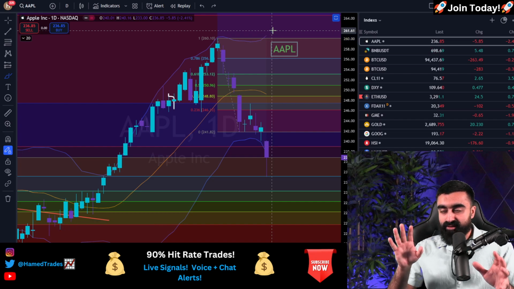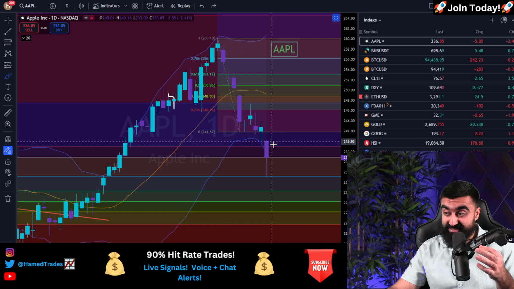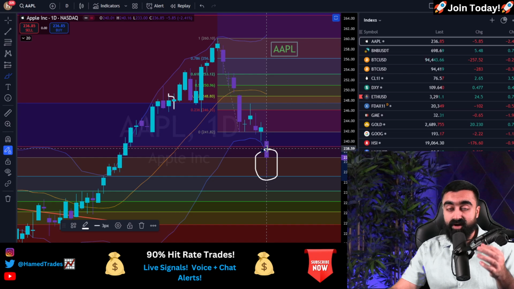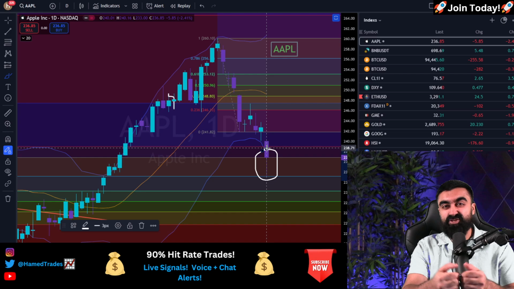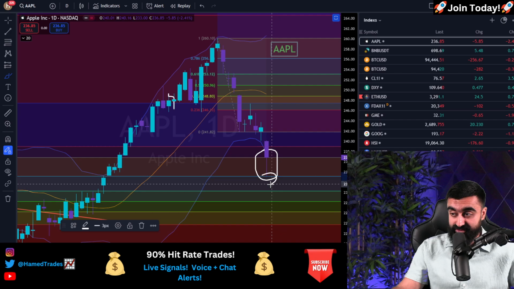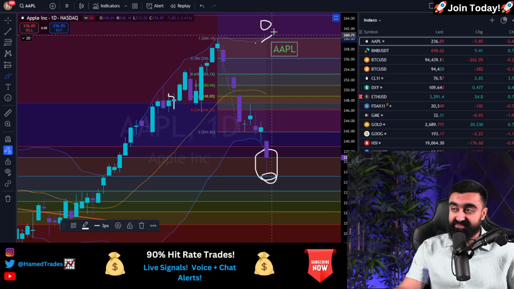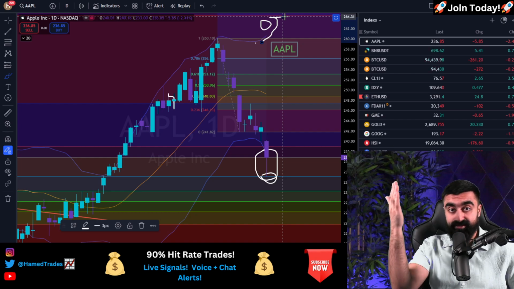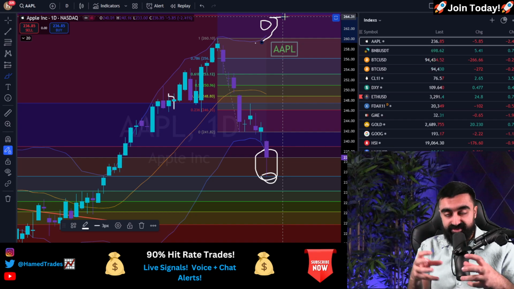Now, the reason why looking at Apple is very important is because we could see that Apple is currently trading outside of the lower level of the Bollinger Band. What the Bollinger Band shows is the extreme overextension to either the downside or the upside. So if Apple was trading outside of the upper level of the Bollinger Band, it would show standard deviations to the upside away from the normal price action.